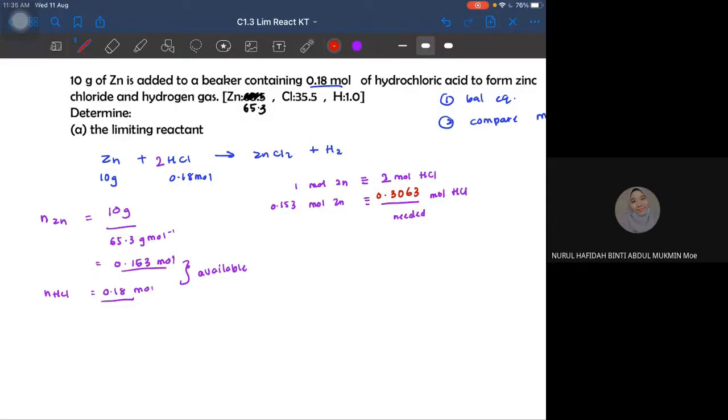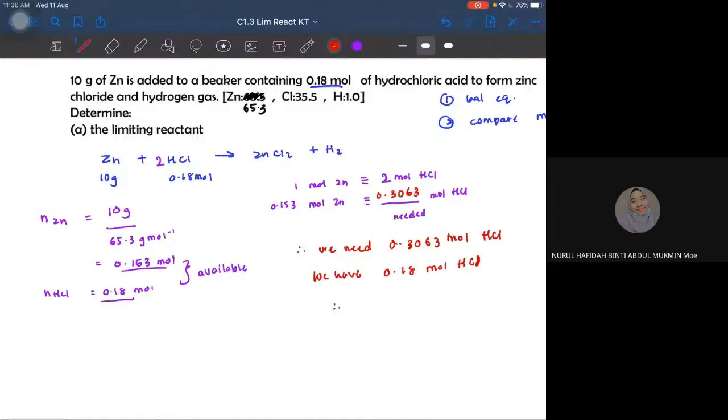Okay, so you need 0.3063 mole of HCl. We can come to this conclusion since we need 0.3063 mole HCl, and we have, daripada available lah, 0.18 mole of HCl. Okay, so kita bandingkan available dan needed.